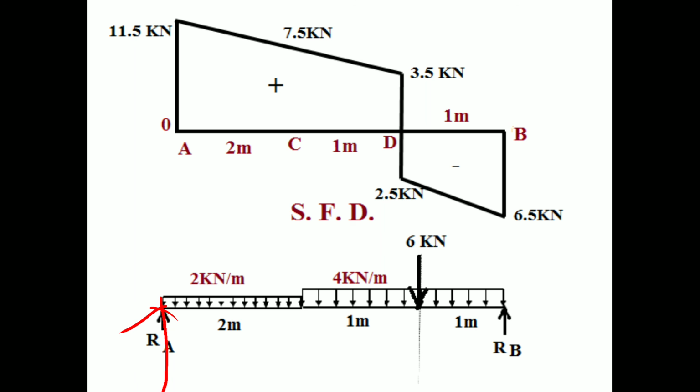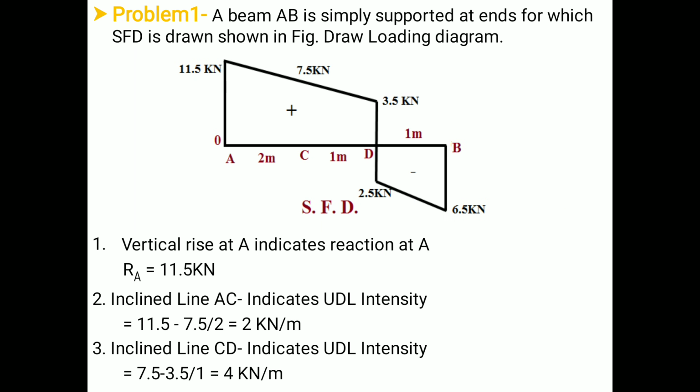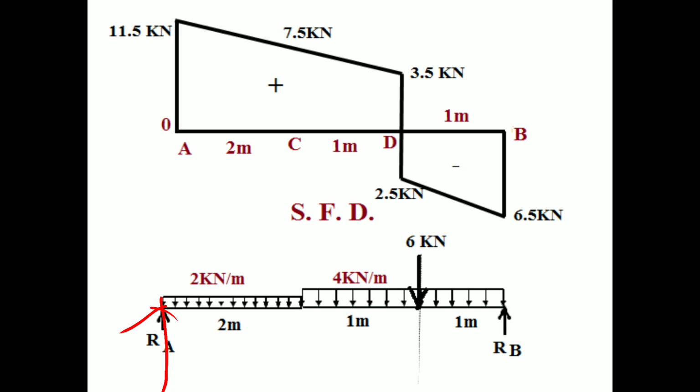RA, we have already found, is 11.5 kilonewton. The intensity of UDL acting between A to C is 2 kilonewton per meter. From C to D we have an inclined line, so it's a UDL.